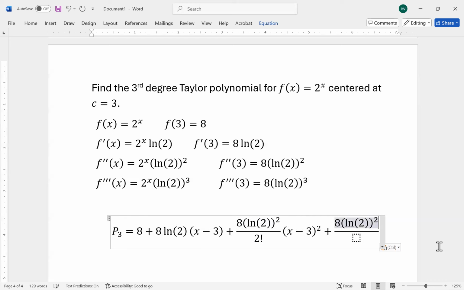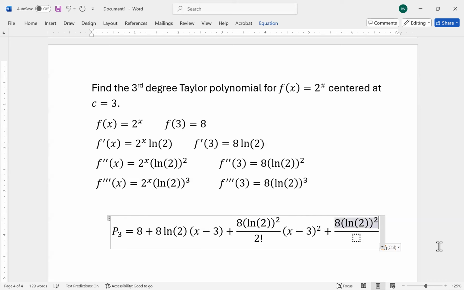I'm going to divide that by 3 factorial, which is 6. And then I'm going to multiply times x minus 3 to the third power. Let's see if I can. There we go.